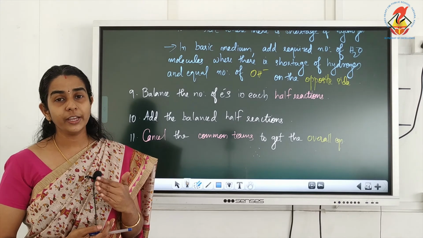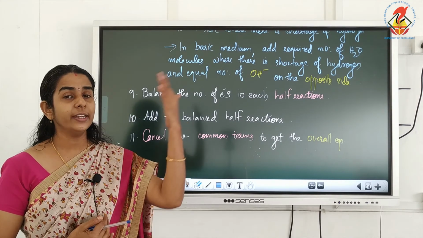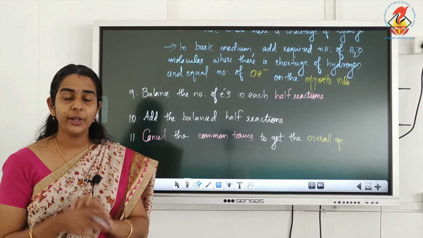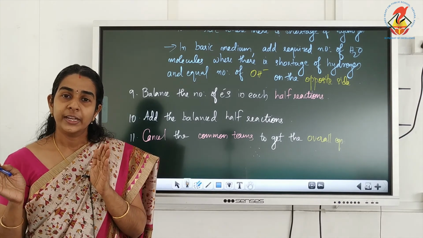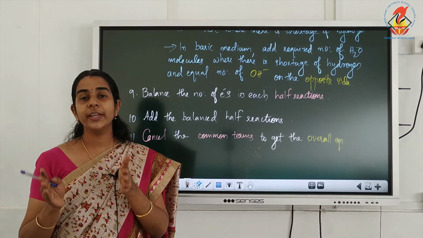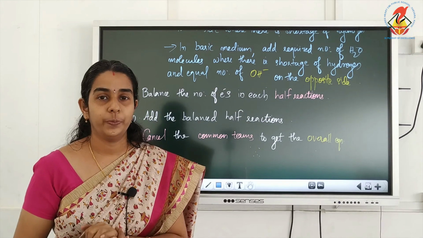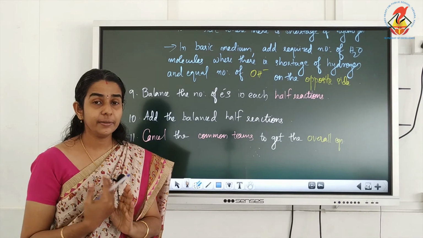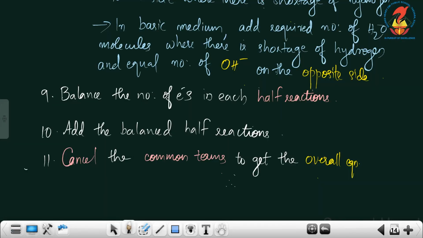If in one half reaction the number of electrons is 2, and in the other half reaction it is 4, multiply the reaction involving 2 electrons by 2. So the next step is to make the number of electrons the same in both half reactions.